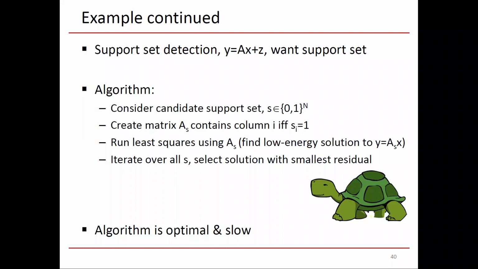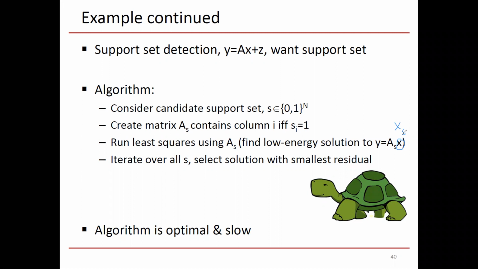So in other words, it might have been more clear if we would have called this XS. So we're looking for an XS whose length is presumably less than n, presumably the number of ones in the vector S is much smaller than n.